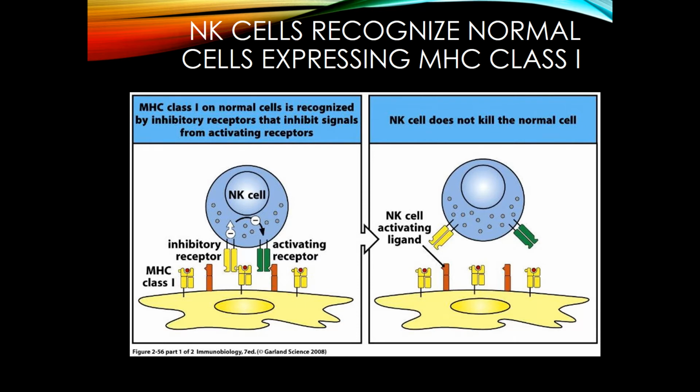That inhibitory receptor binds to MHC class I. So what happens there is, when that inhibitory receptor binds to MHC class I, it dampens, inhibits activation through the activating receptor. So the natural killer cell will not kill a normal cell.